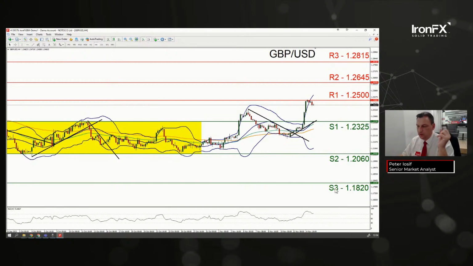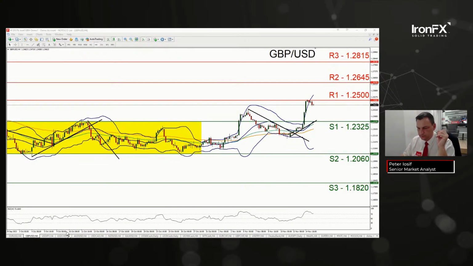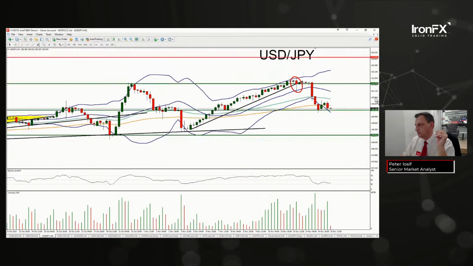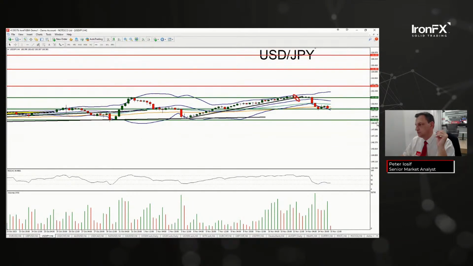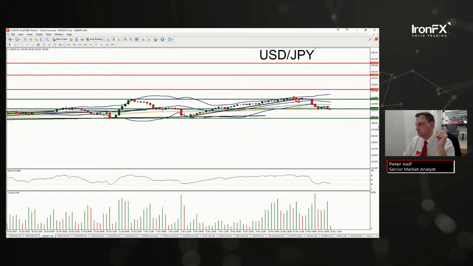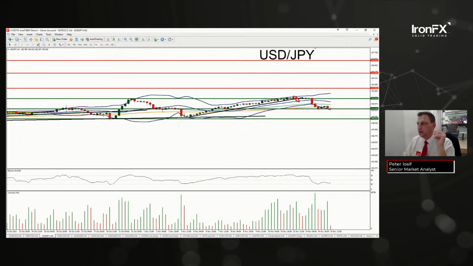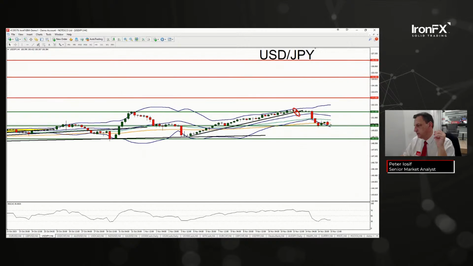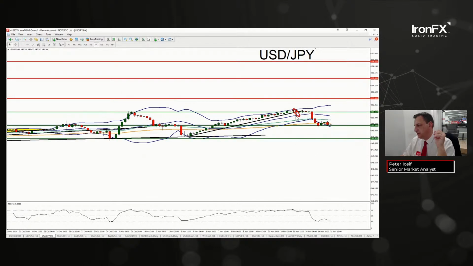Okay, let's have a look at USD JPY, which moved decisively lower, yet some recalibration here is in place.